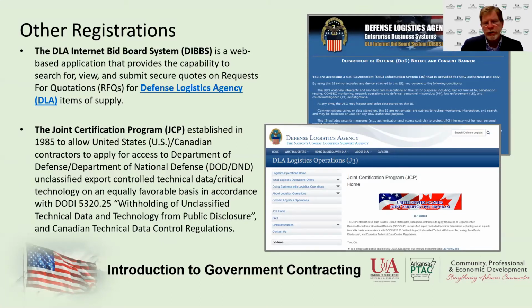You're also, the Joint Certification Program is another registration. A lot of times it applies to manufacturing in particular. But I want to tell you something, and the federal government, I think they're easily bored, so they do things to entertain themselves. A lot of this stuff has to do with information that's sensitive.